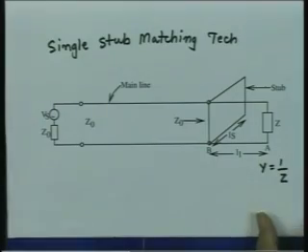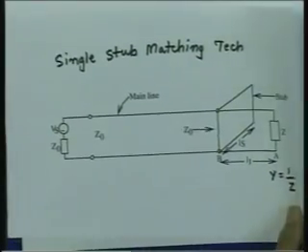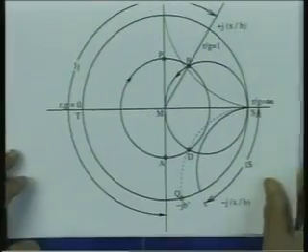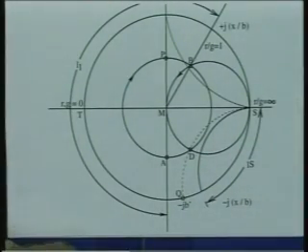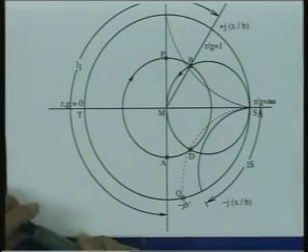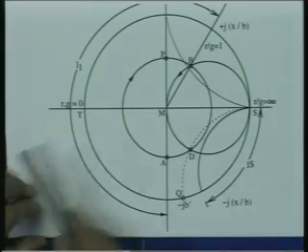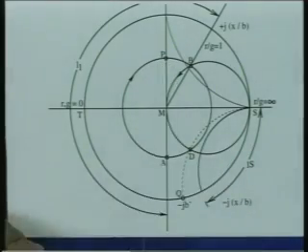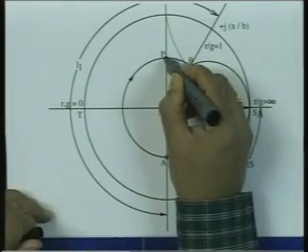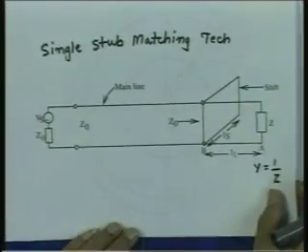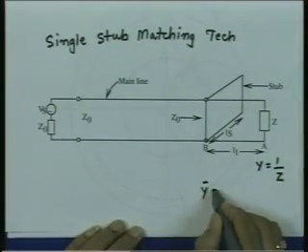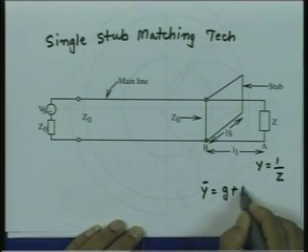Let us see how we solve this problem by using the Smith chart. The problem is straightforward. Let us say we have some point which is the impedance which is to be matched. Let us say this point is given by P. So, this location here is the normalized admittance, and let me denote this normalized admittance y bar as G plus jB.